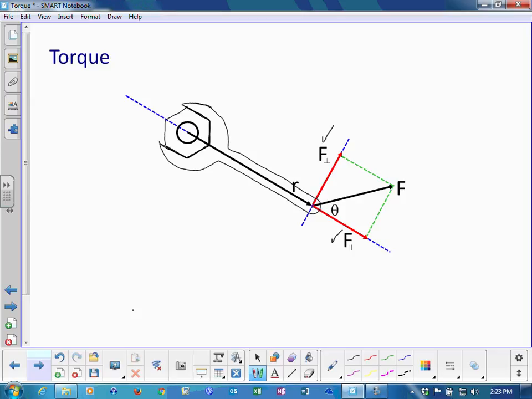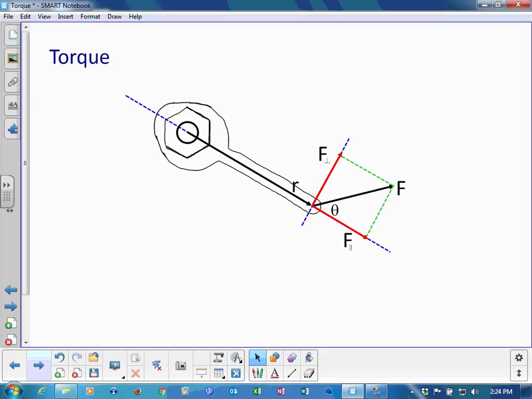If we break down the force into those two components, we can see that the parallel component right here acts directly through the pivot point. So it cannot exert a torque about the pivot point. All it can do basically is pull the wrench right off the nut. So we better secure that a little bit. We use a box-ended wrench, so that when we pull on it, it's not going to come off the nut.